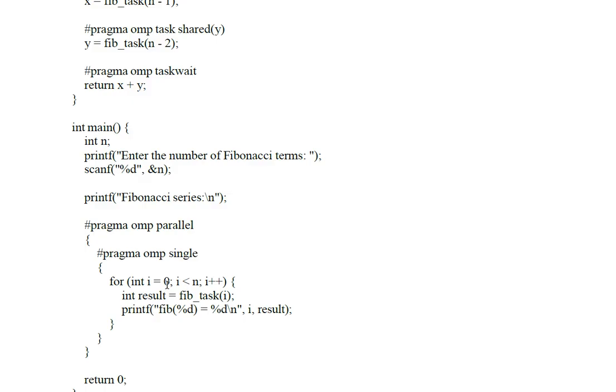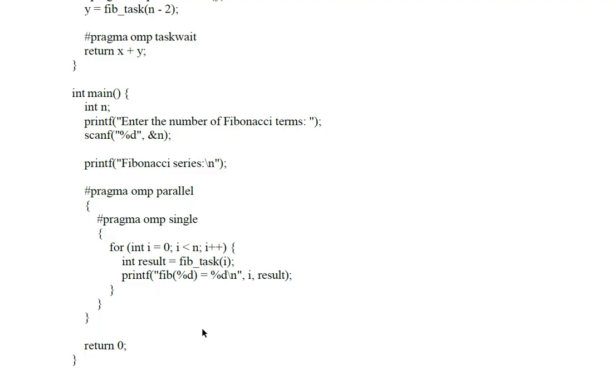This pragma omp single specifies that only one thread, usually the first, will execute the code block inside. However, that one thread can create tasks that others will execute. Inside this block, the single thread loops from 0 to n minus 1.